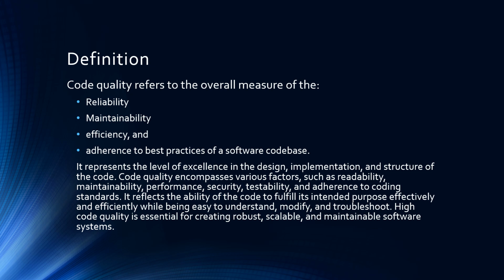This includes proper documentation, consistent naming conventions, and following principles like SOLID and DRY. These elements work together to create code that's not just functional, but also sustainable and scalable. In the DevOps context, high-quality code is essential for maintaining rapid delivery cycles while ensuring stability and reliability.